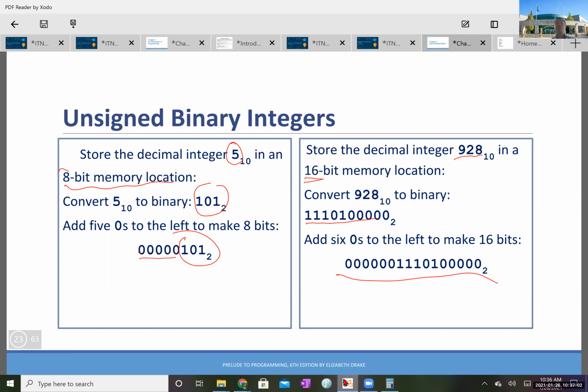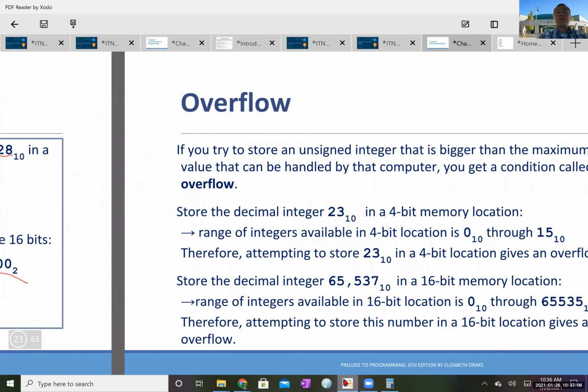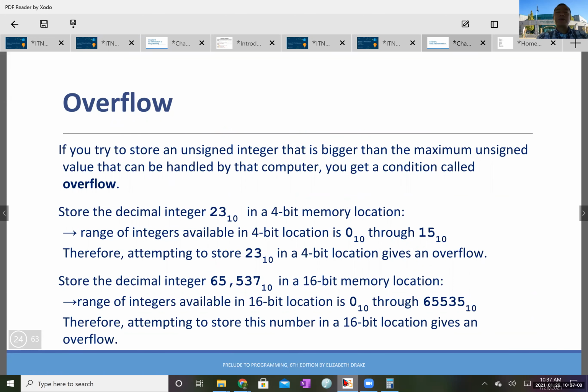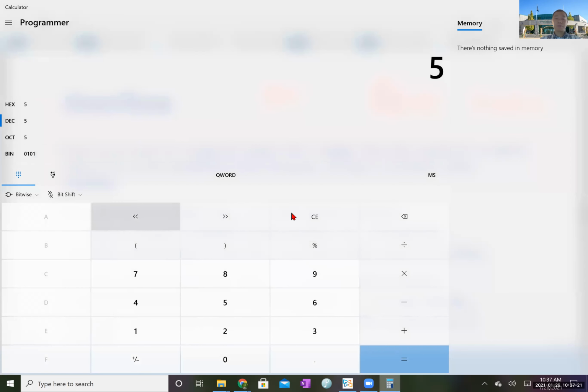Now for the definition of overflow: if I want to store the number 300 in an 8-bit location, you can use a calculator to convert 300 to binary. You will see 1 0 0 1 0 1 1 0 0.